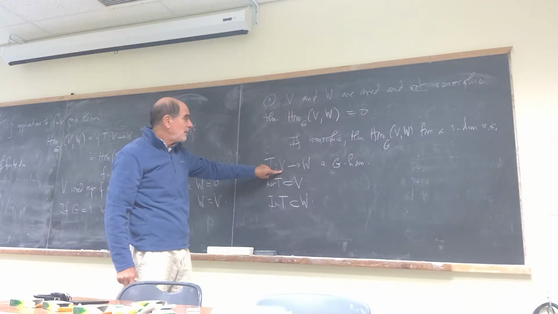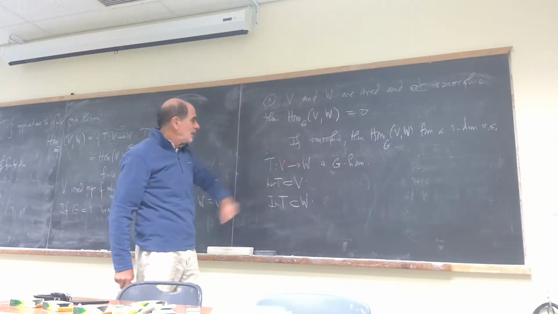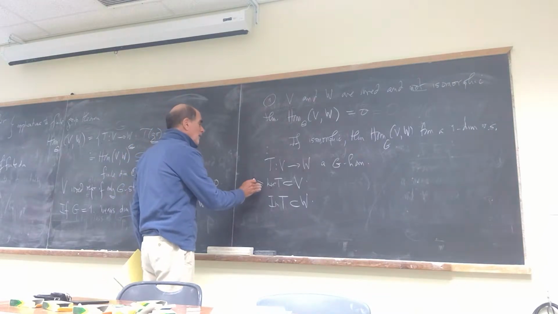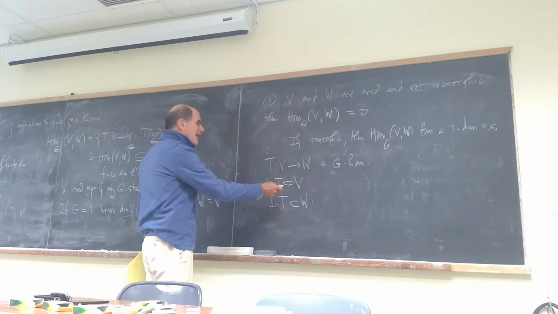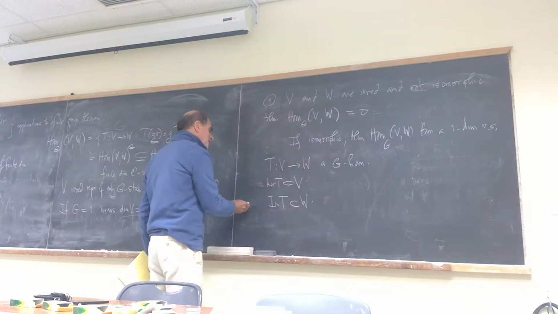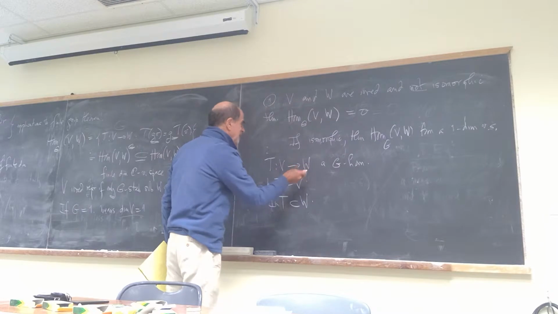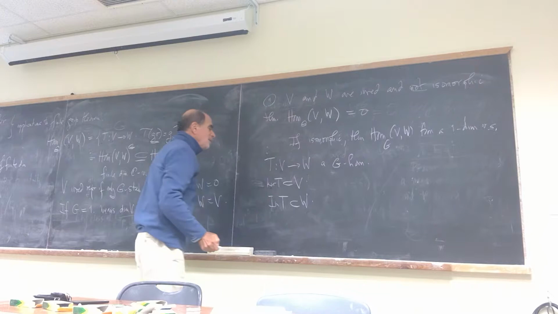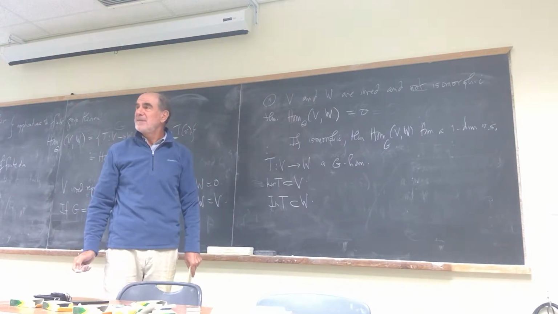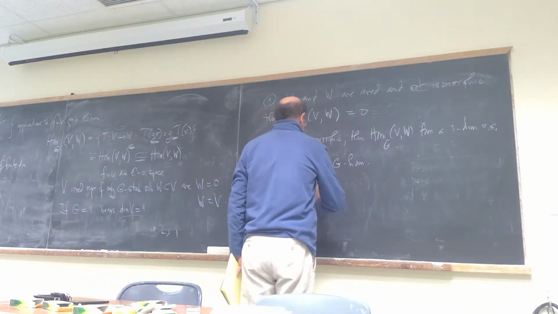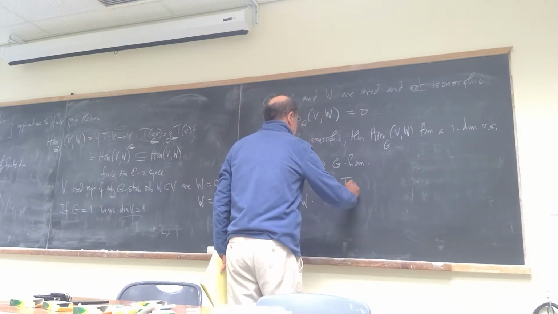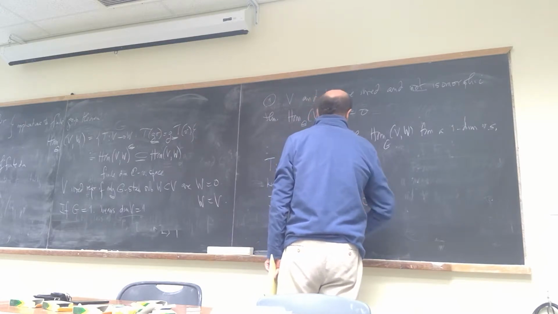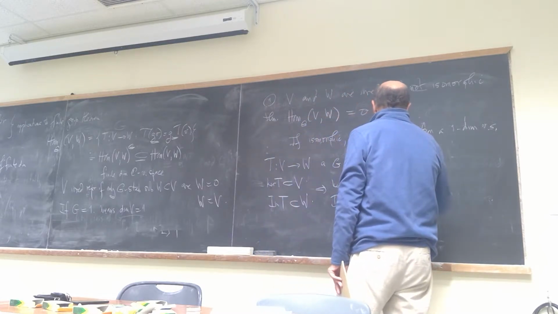That's a problem, because that would give a G-stable subspace in W. So the kernel has to be all of V, or if the image of T is either W or 0, if the image of T is W, that surjects V onto W. So the image has to be also 0. Okay, so that implies kernel of T equals V, image of T has to be equal to 0, and therefore T has to be the 0 map.